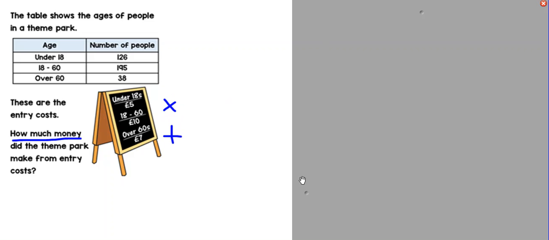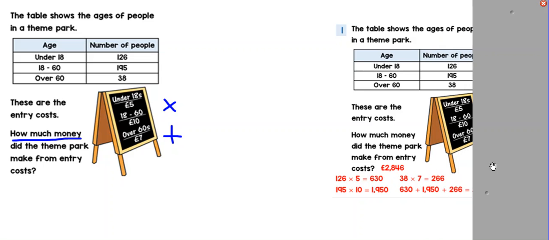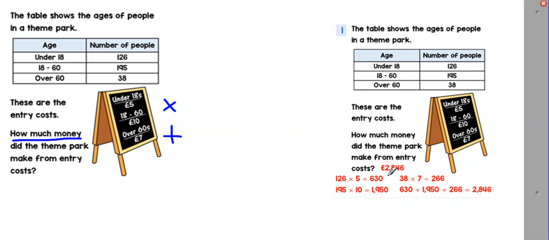Okay then, let's have a look. You would need to do 126 times by 5, because under 18s are £5, which is 630. 195 times by 10, because 18 to 60s are £10, which is 1950. Then you would need to do 38 multiplied by 7, because over 60s are £7 and there's 38 of them, which is 266.